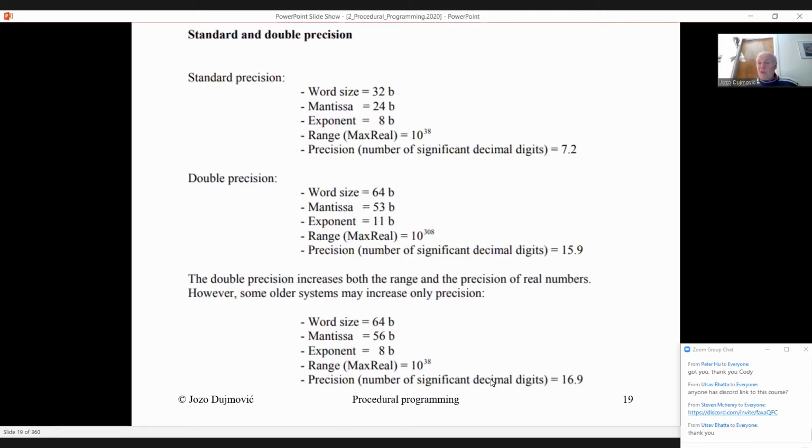If you compare these two formats, you will see that this is a negligible improvement. If you have 16 or 17 significant decimal digits, nothing good will happen, okay? But you lose a huge range. So the difference between 10 to 38 and 10 to 308 is huge. So this is not a good format. And if you encounter it somewhere, be advised that this is much better.